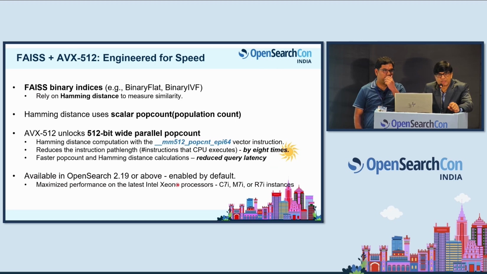And to maximize performance on the latest Intel Xeon processors, you can use the 7i instances, C7i, M7i and R7i instances on AWS to get the advantage of this 512-bit wide parallel pop count.